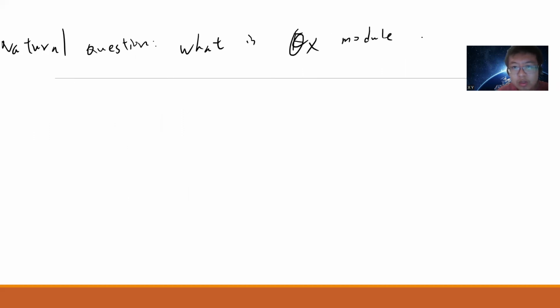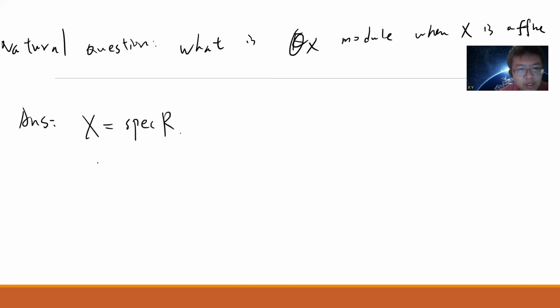So the natural question that we obviously need to ask is: how to construct some OX module when X is affine? The answer is very simple. Let's say X is affine, the spec of R. Then one can just take M to be an R module.